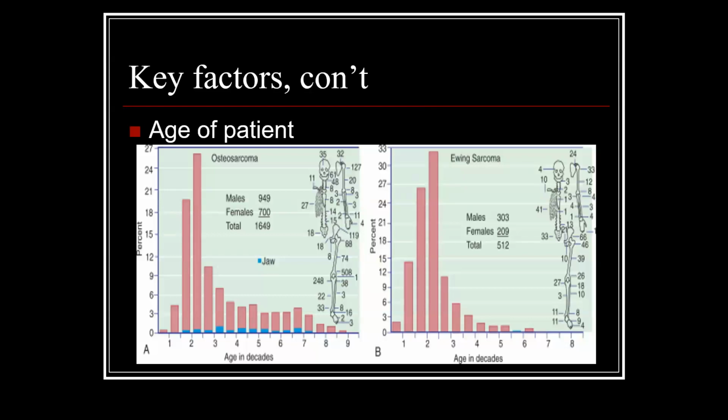Now, we mentioned that location and age are very important. These very classical diagrams were first popularized, I think 50 years ago, when the Mayo Clinic was putting together their series of bone lesions and so forth. Pioneers in the field did a wonderful job of categorizing the age ranges at which certain lesions were identified. And as you can see here, by each individual bone and location, the type of lesions or the number of lesions seen at that particular location.